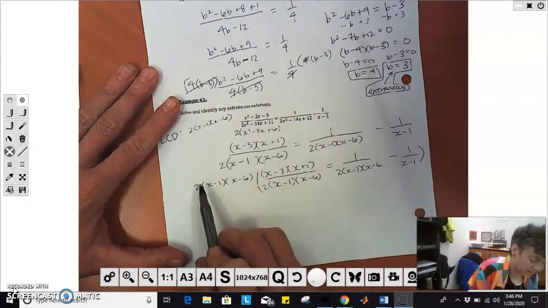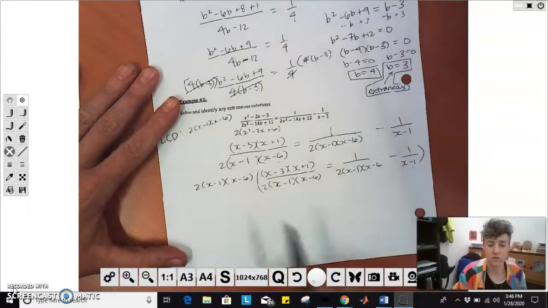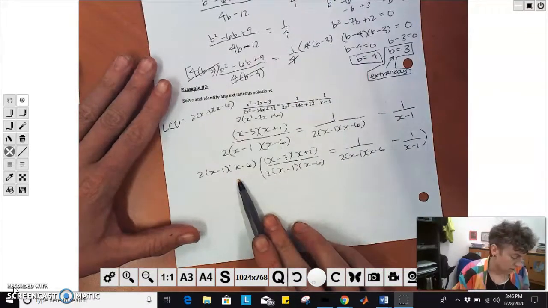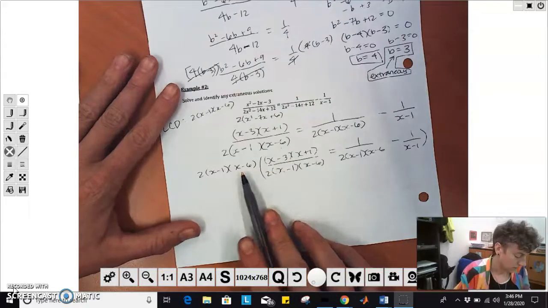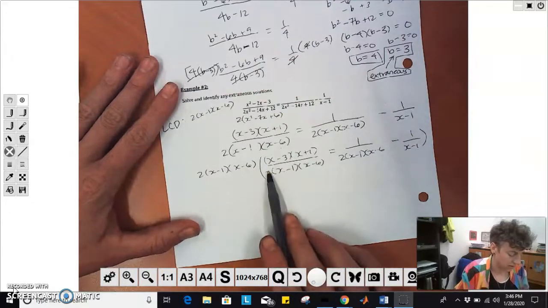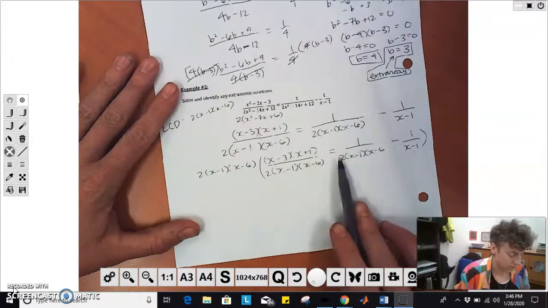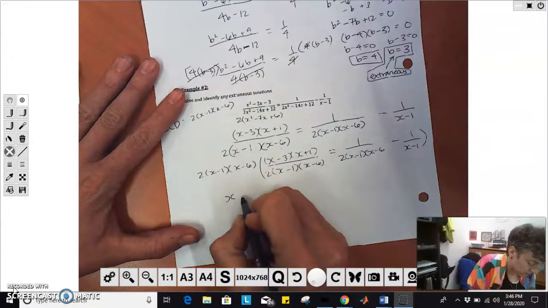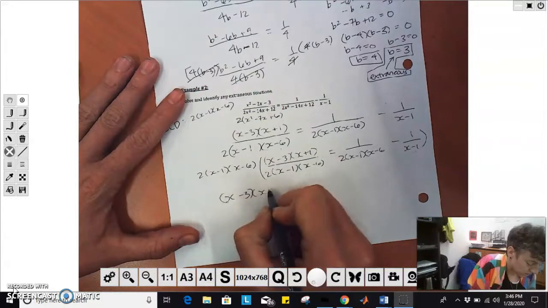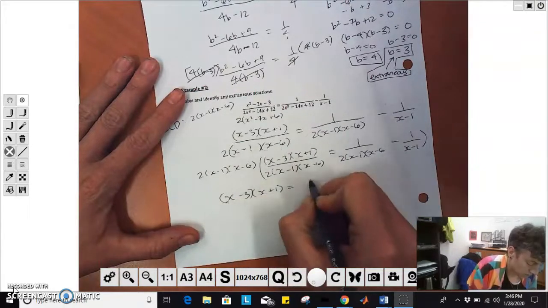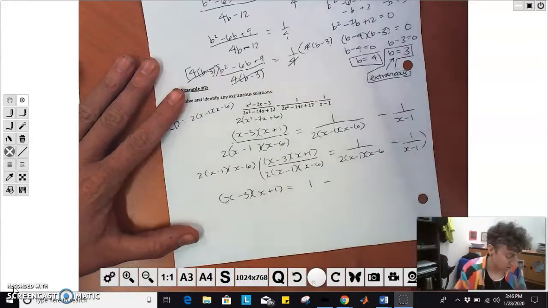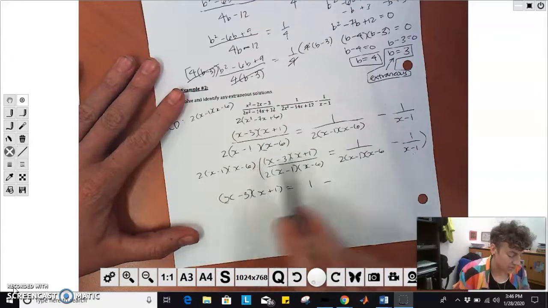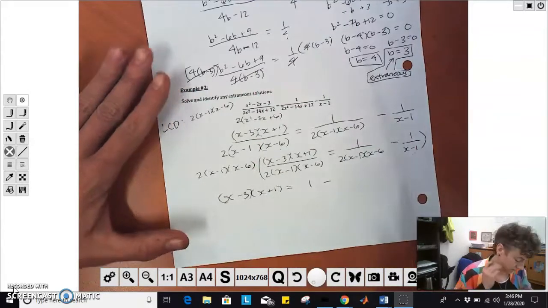So I'm just saying we're multiplying every single term by that least common denominator. When we do that, we will cancel out the denominator on that one and on that one, because we'll have the same on the top and the bottom. So we have x minus 3 times x plus 1 equals 1 minus, we multiply this least common denominator by this fraction.